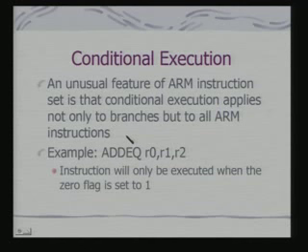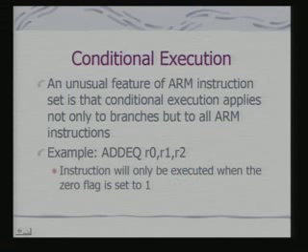An unusual feature of the ARM instruction set is conditional execution of each and every instruction. We have already shown that I can have a branch instruction with a condition code, but it is not that you can use condition code only with a branch instruction. You can use condition code with other instructions as well.